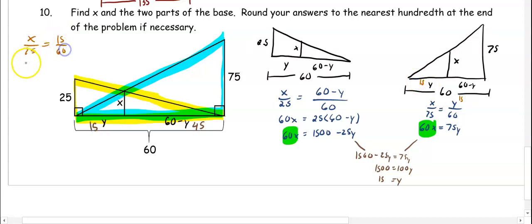So 15 over 60. So as we solve, we get 60x equals 1,125. When we divide by 60, we get x is 18.75.